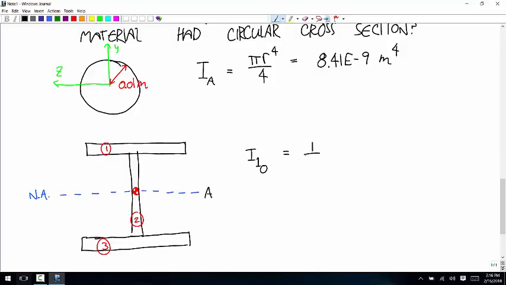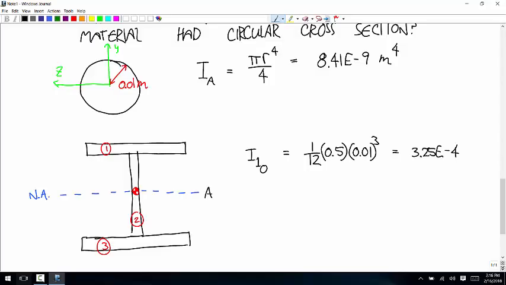This is equal to 1/12 times the width, which is 0.5, times the height cubed, which is 0.01, and so we get a value for that of 3.25 times 10 to the minus 4.